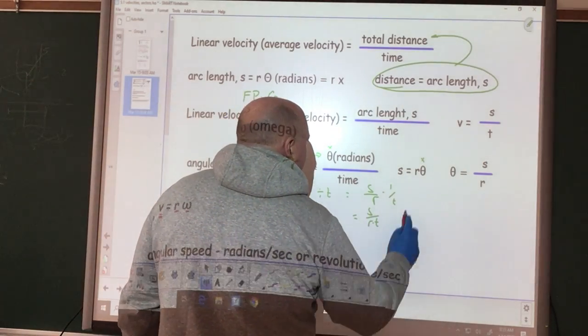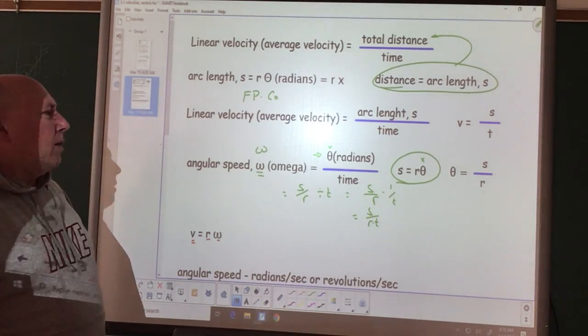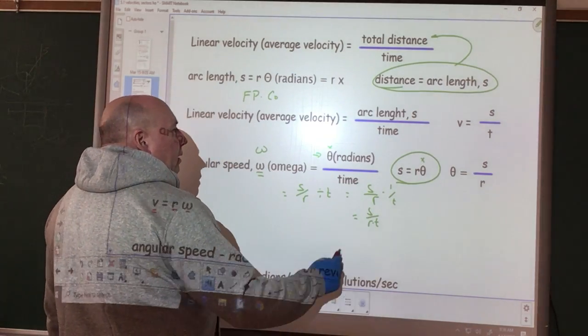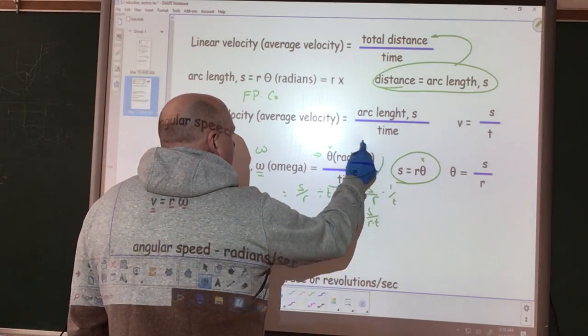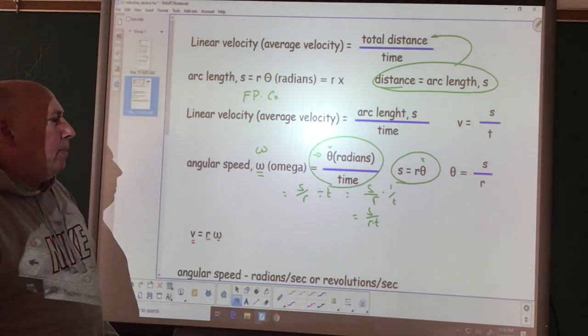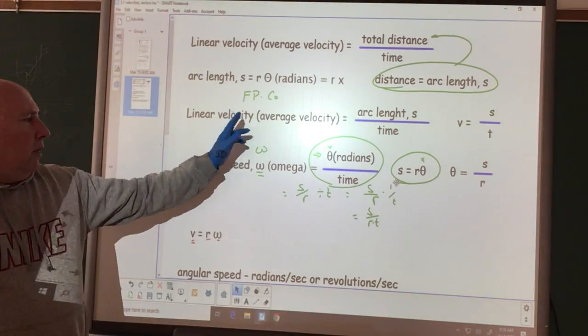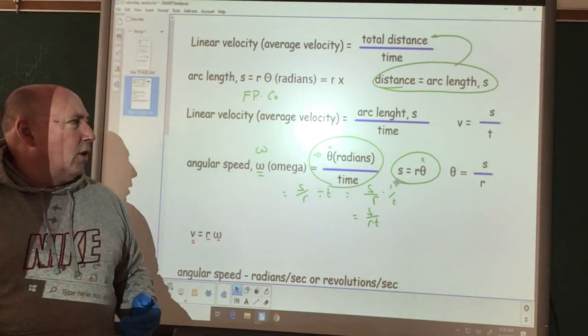This here is a key idea to remember. Arc length is equal to radius times your amount of rotations or radians. And what is my number of radians per time? That is angular speed, and that's omega.